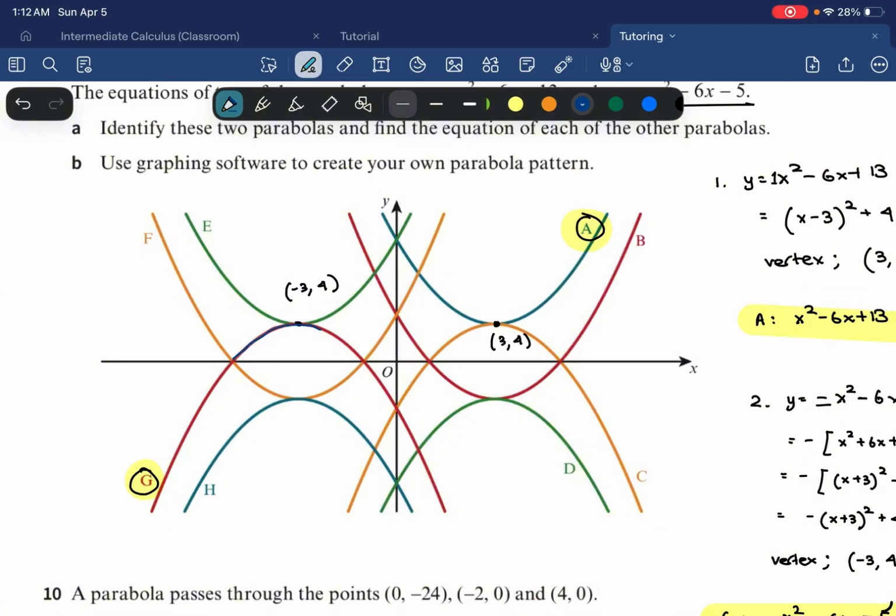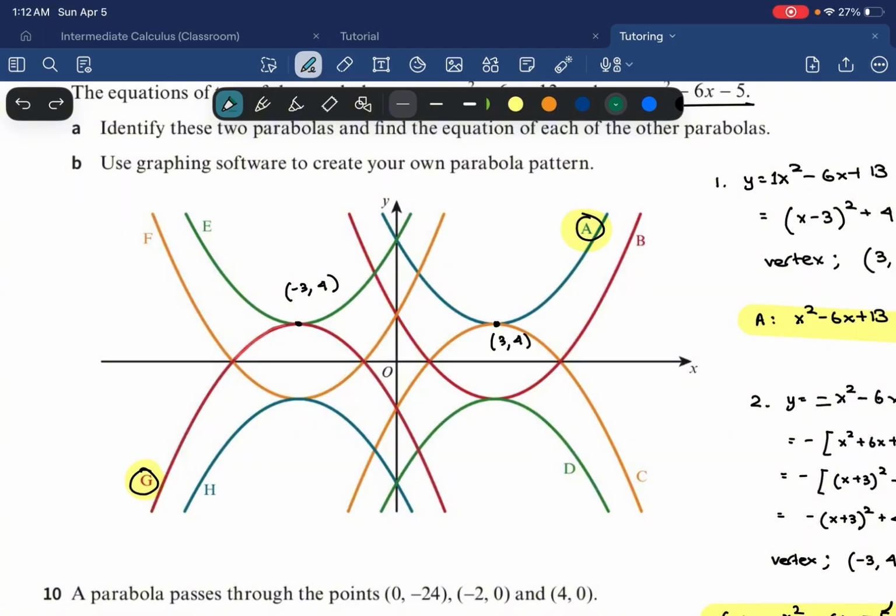So I take the graph G, if I reflect this part over the x-axis, I get this part. And if I reflect this part of G over the x-axis, I get this part. So can we agree that F is just G reflected over the x-axis?